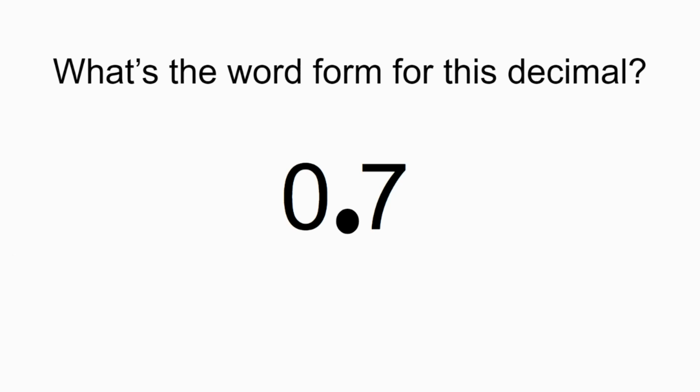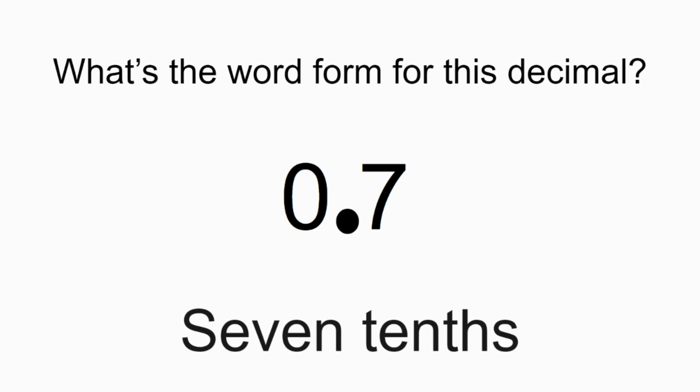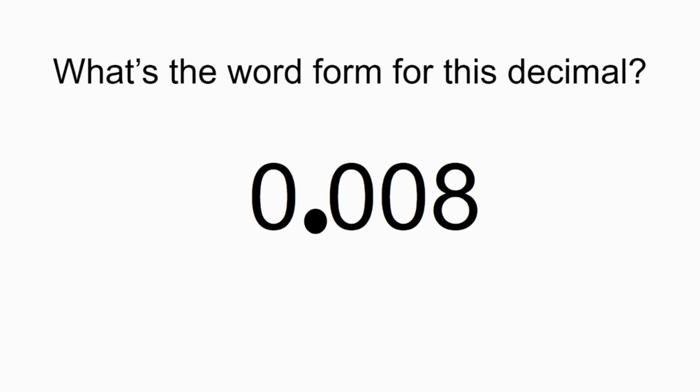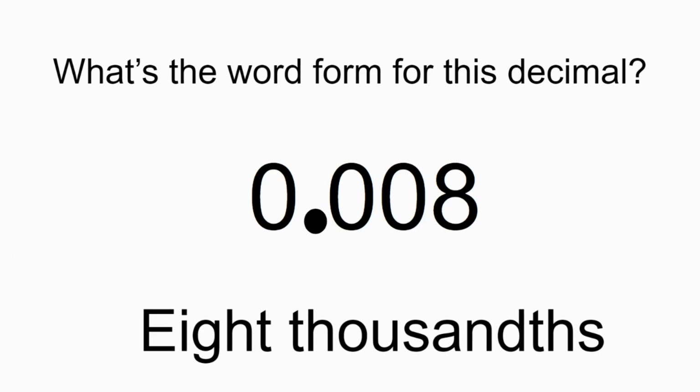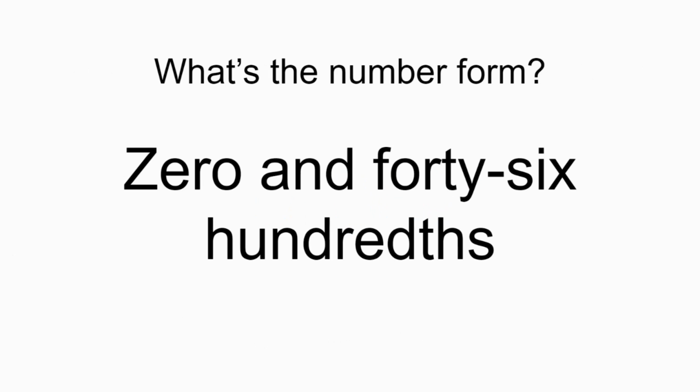What's the word form for this decimal? And it is 7/10. What's the word form for this decimal? 8/1000. Can you tell me the number form? I'm giving you the word form now, but now I need the number form.